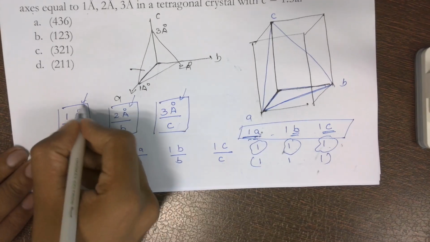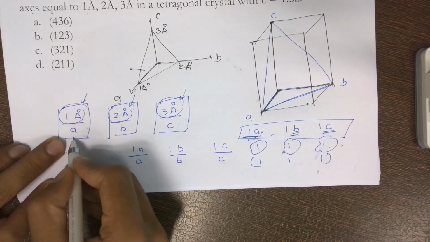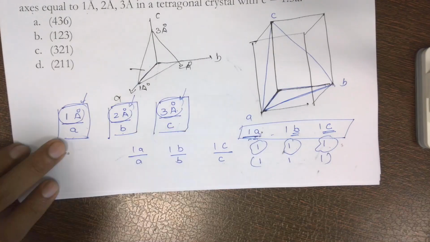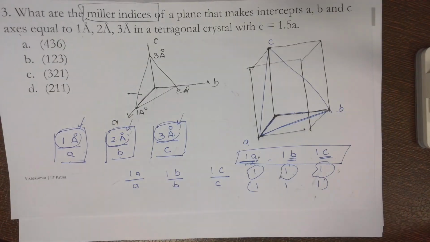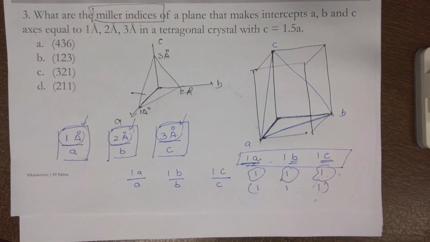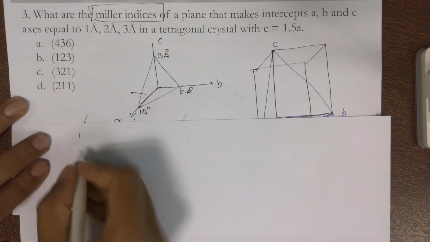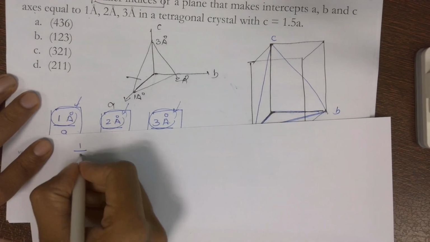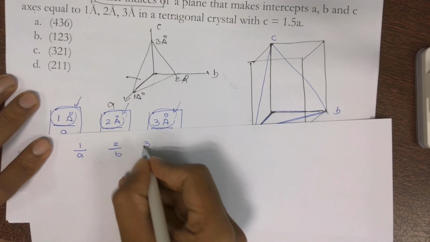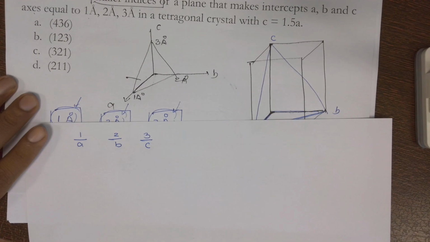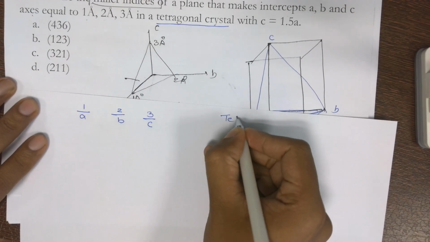Similarly, I did here. The intercept here is 1 angstrom, 2 angstrom and 3 angstrom. Now I will normalize them. I will divide them by A, B and C. Now let's see what we will get. 1 divided by A, 2 divided by B, and 3 divided by C. The information given to us is that it is tetragonal.